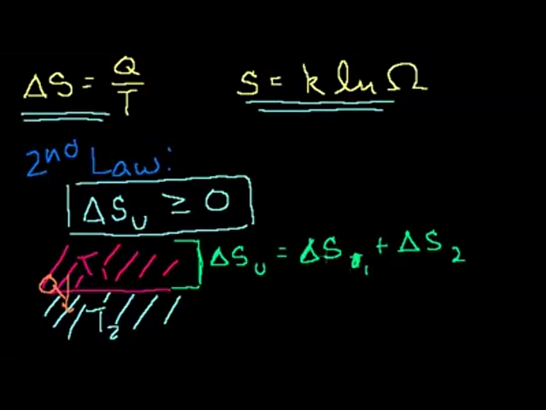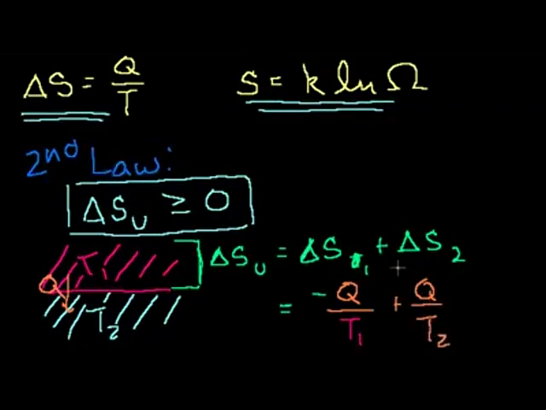So what's the change in entropy for system 1? It loses Q at a high temperature. So this equals minus the heat given to the system, Q over some hot temperature T1. And then we have the heat being added to system 2, so plus Q over T2.